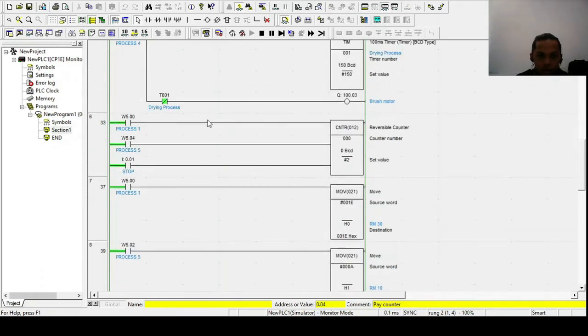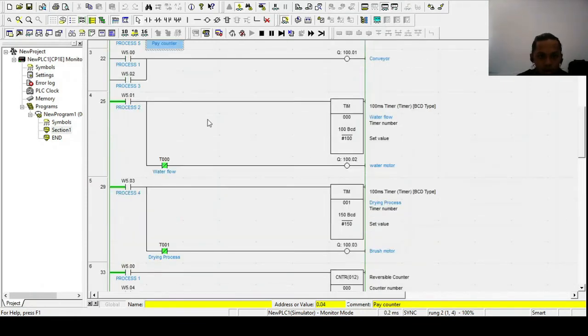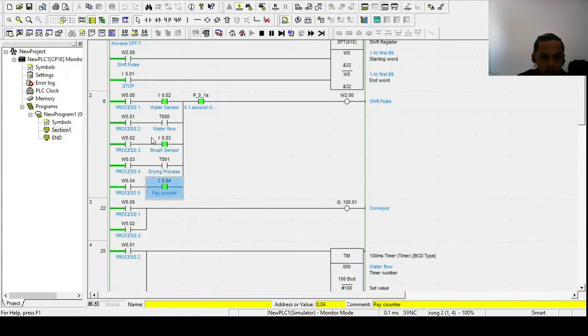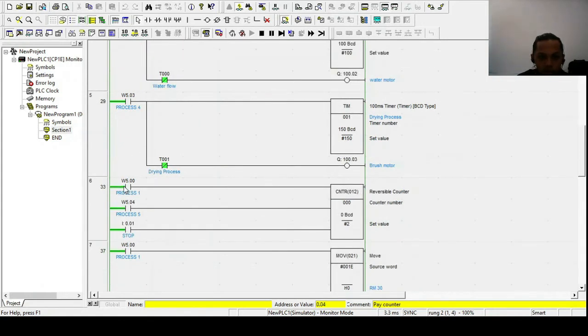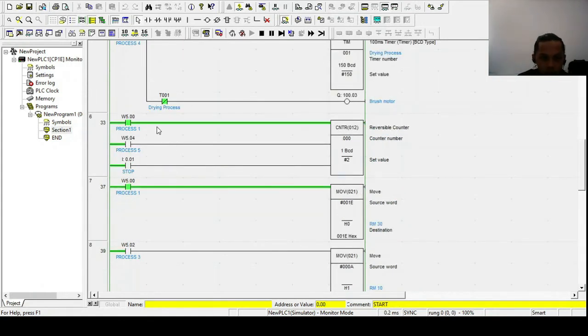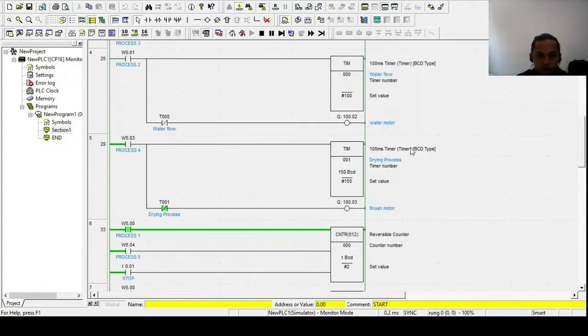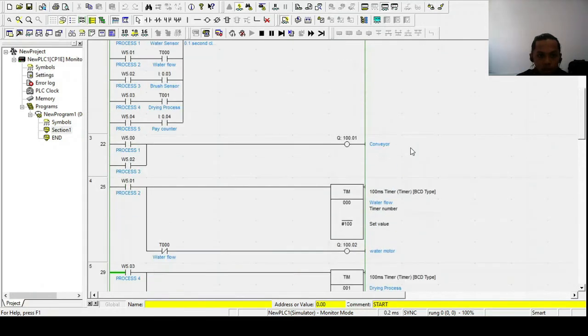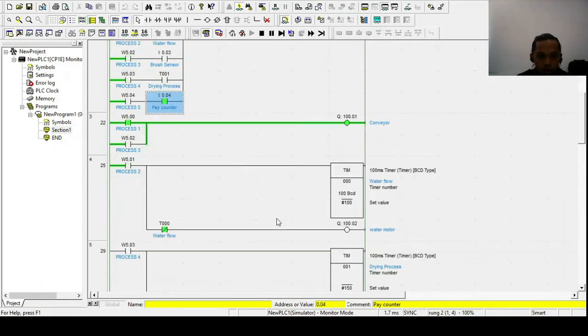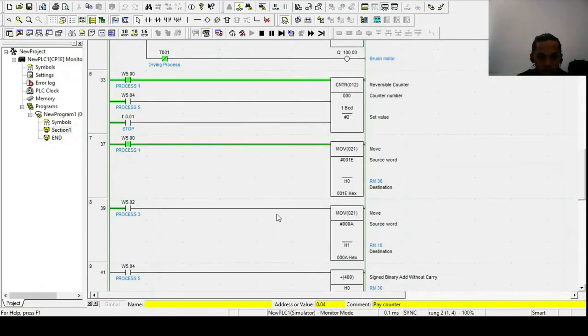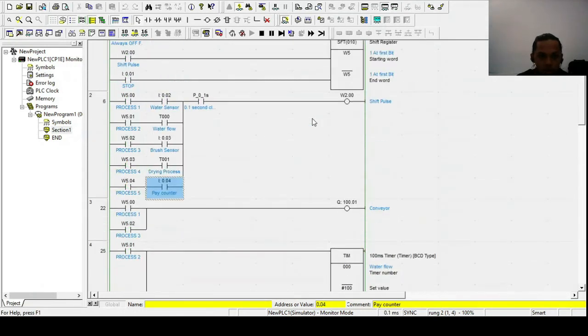Okay, so let's see how the counter starts. For the counter, when process 1 starts, it tells the car wash center that one car is going in, and at the pay counter it tells that the car is going out.